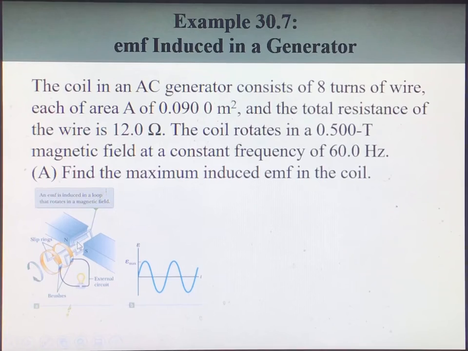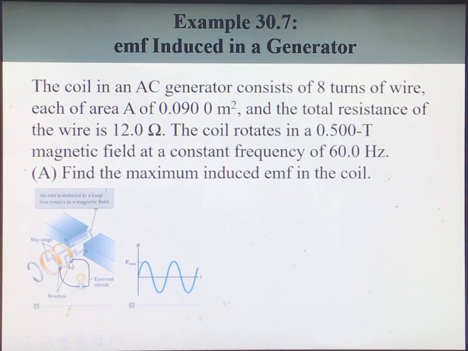So basically what happens is that whenever this loop rotates through 180 degrees, the direction of the current is going to change. So in the first cycle, the current enters from this brush and leaves from this brush here, and then in the second cycle it enters from this brush and leaves through this brush right here.